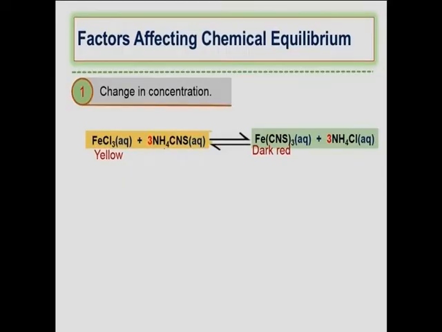So let's look at the first stress. You have ferric chloride reacting with ammonium thiocyanate to give dark red ferric thiocyanate and ammonium chloride.